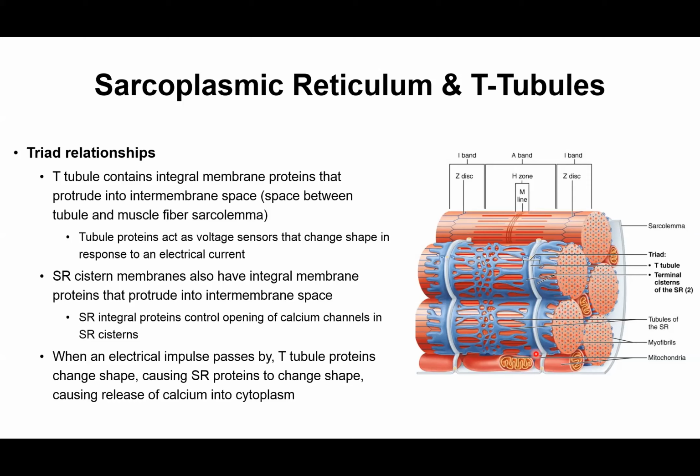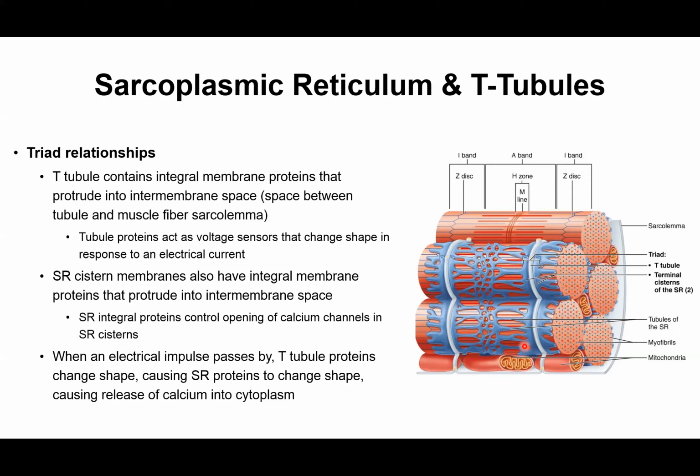And the sarcoplasmic reticulum, these cistern membranes, these blue structures that you see, also have proteins that protrude into the intermembrane space, or the space between the tubule and the muscle fiber sarcolemma. Basically, these control the opening of calcium channels.